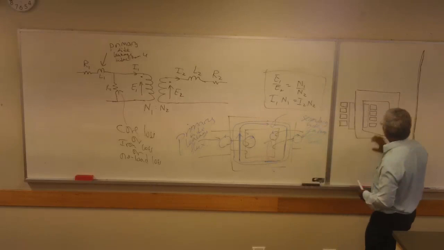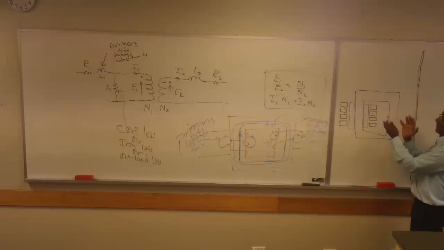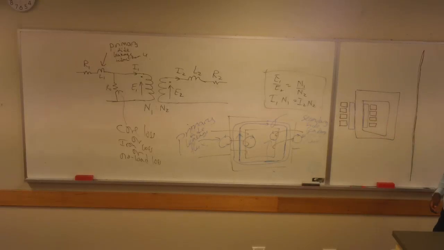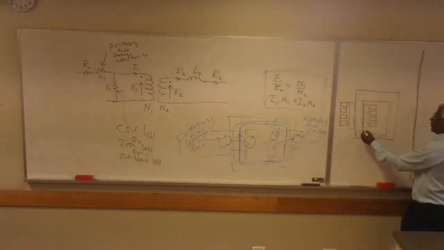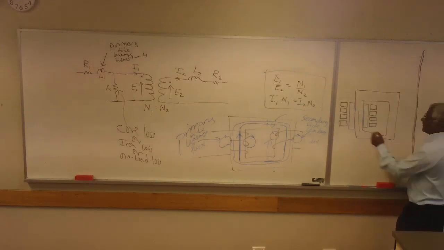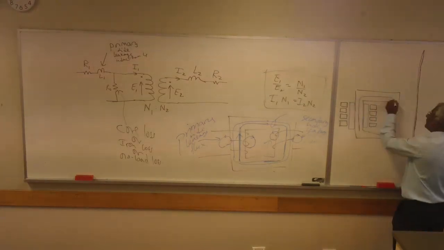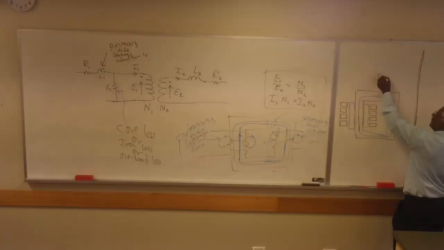Now, when you get to a practical transformer, which is more like this one, and that's only one leg of that transformer, normally you would have 3 legs for 3-phase, but I've shown just one leg, but that's enough for us to explain what's going on. So in a practical transformer, which is different from this one, you still have your core flux, which is there, or your mutual flux.